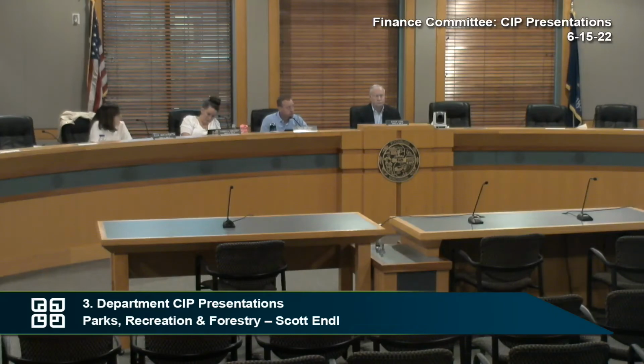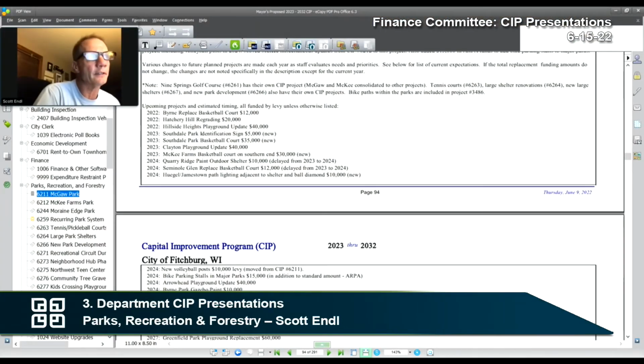Well, and certainly to that point, I think the mayor has identified that the tennis courts at McKee are going to be the tennis courts for the park system, and the pickleball courts at McGaw are going to be the pickleball courts for the park system.